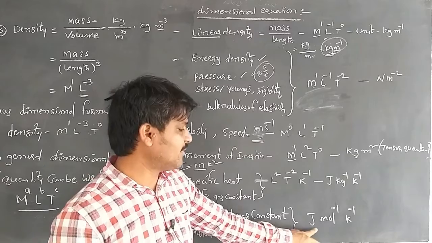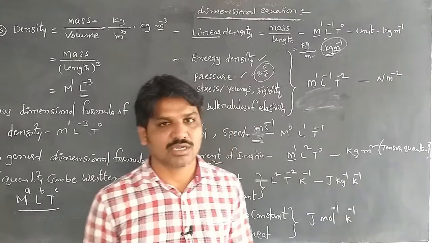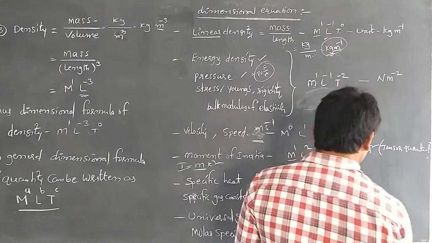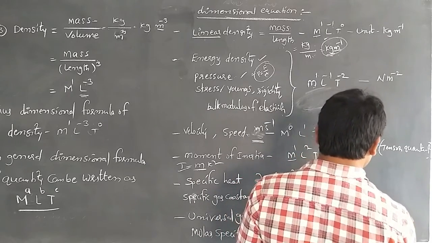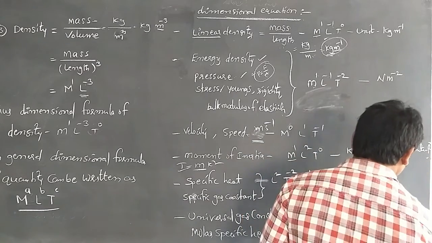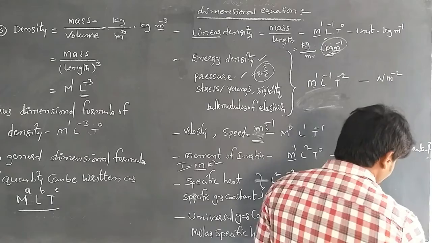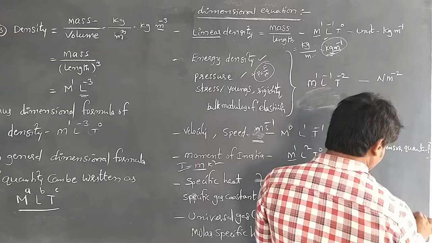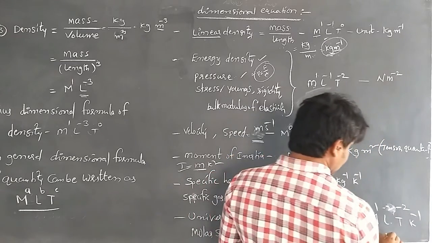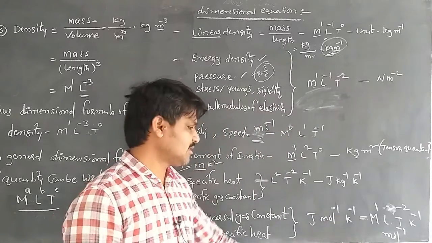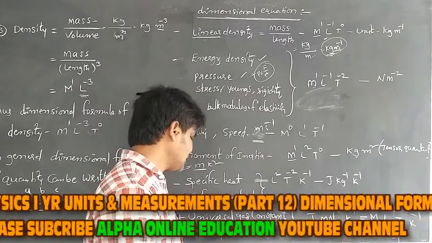The unit is joule per mole Kelvin, and its dimensional formula is M power 1, L power 2, T power minus 2, and as well we have the Kelvin, so K power minus 1, and the mole is also there, so mole power minus 1. So this is the dimensional formula of the universal gas constant and molar specific heat.